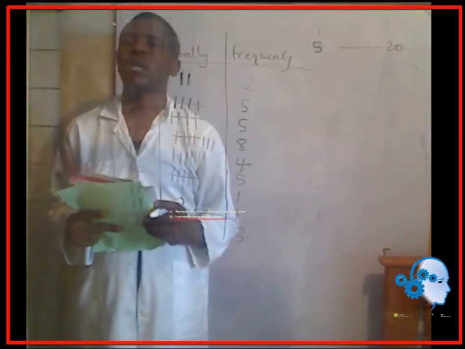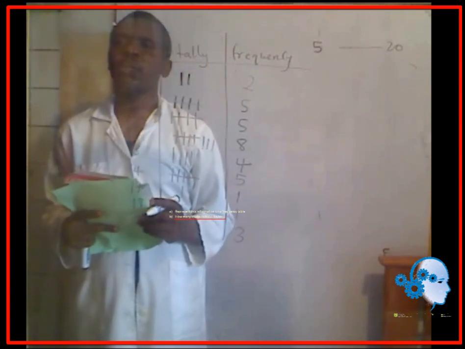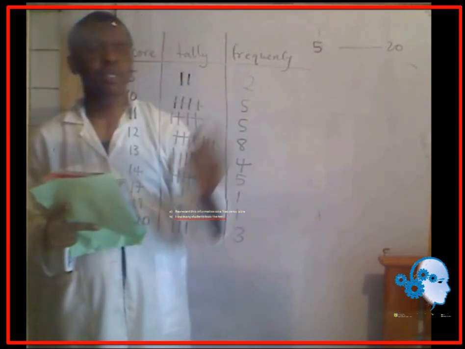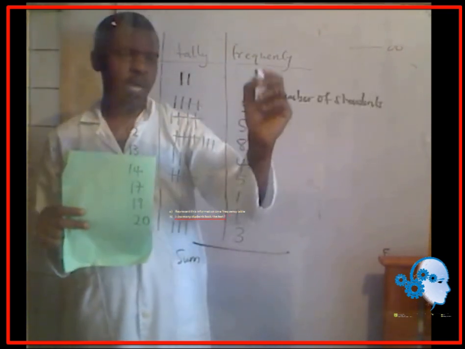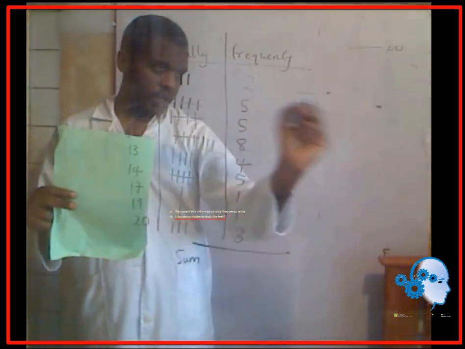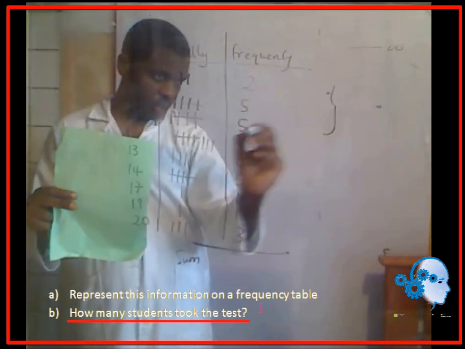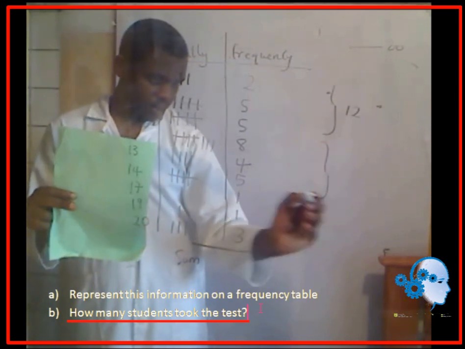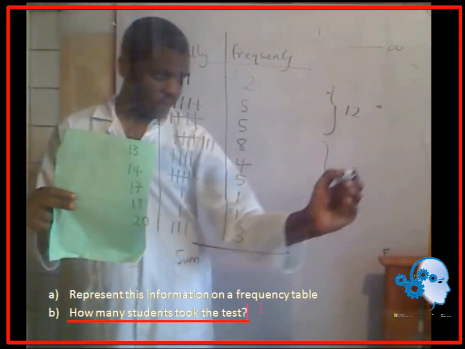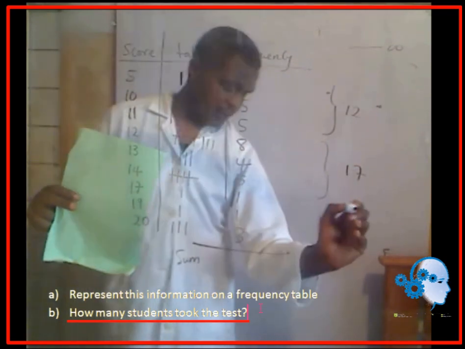The next question, how many students took the test? You can get the total number of students just by summing the frequencies. So add all of these frequencies, what will they give us? So all of this is 10, 12, this is 12, this is 9 plus 17, 5.